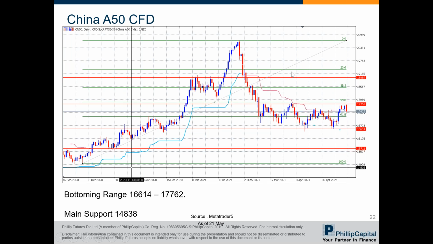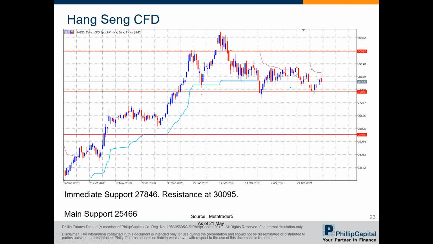So the Hang Seng, which is coming up next, is also showing a bounce off the support at this level, 27,846. Last week, the Hong Kong holidays prevented a decisive upside movement from building up any kind of speed, with the doji showing over here.